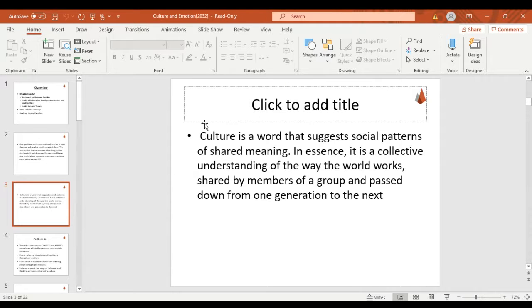So this culture is shared by members of a group and passed down from one generation to the next.